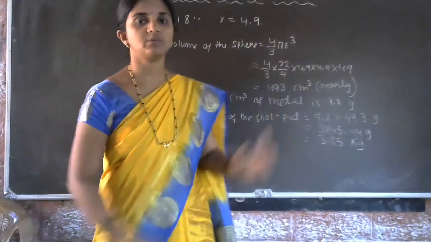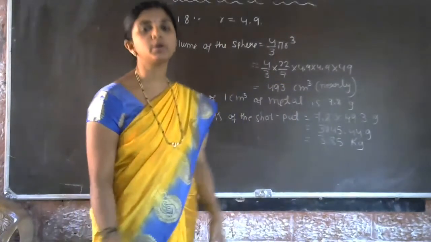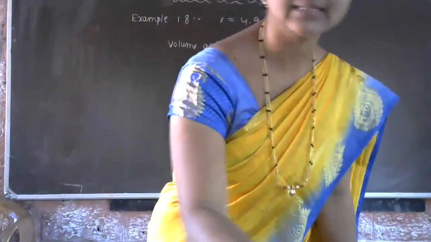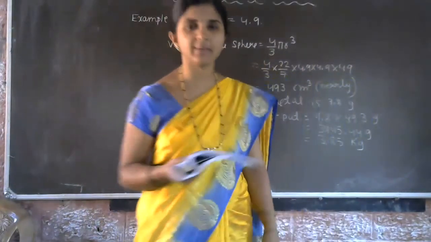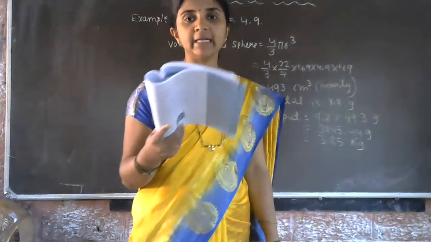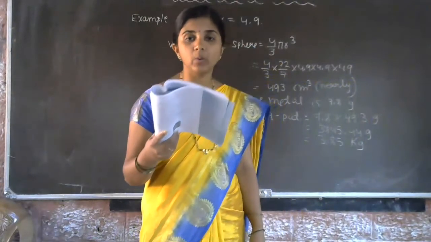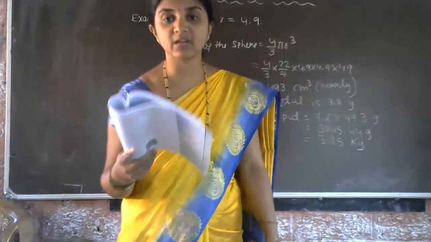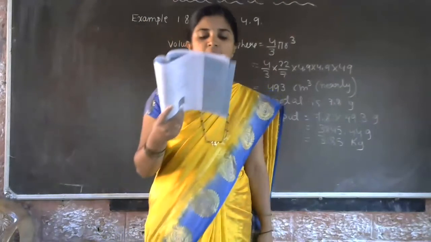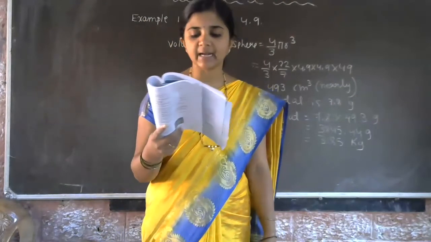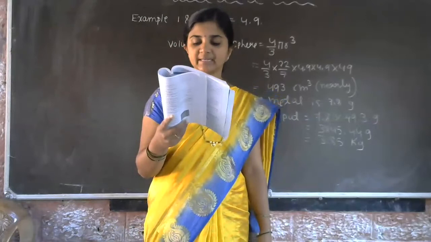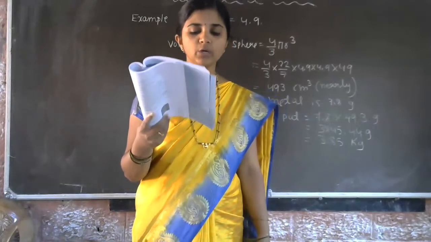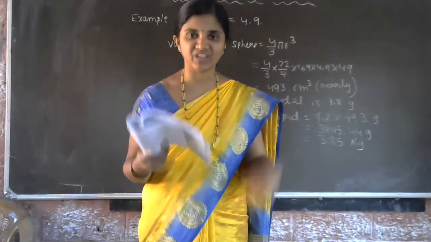Work out this example problem in your notebook and look at the last example problem, related to the hemisphere, example 19. A hemispherical bowl has a radius 3.5 centimeter. What would be the volume of water it would contain?